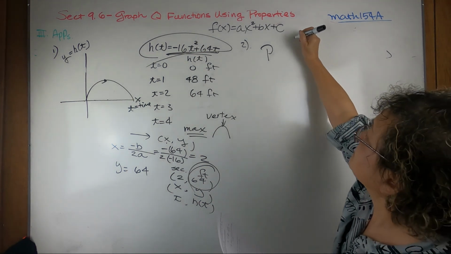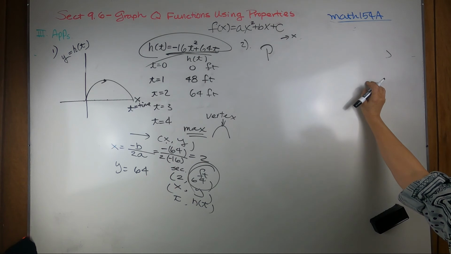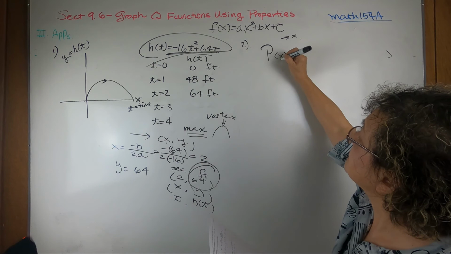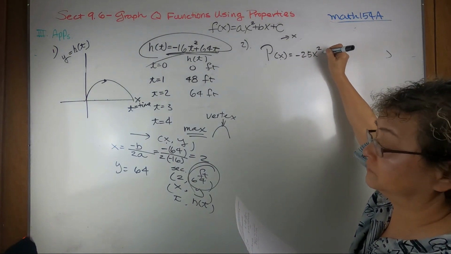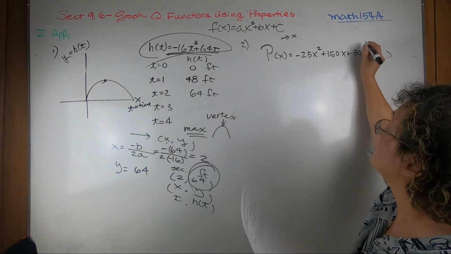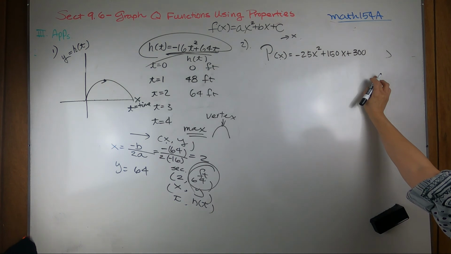And profit according to your x, how many clerks, according to the equation, is given to you with a quadratic function, right? It says, what is the maximum profit possible? How many clerks are needed to make maximum profit possible?